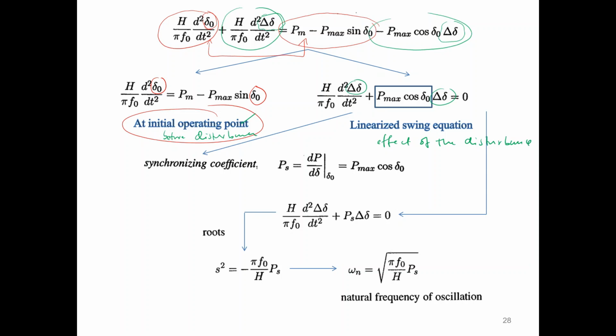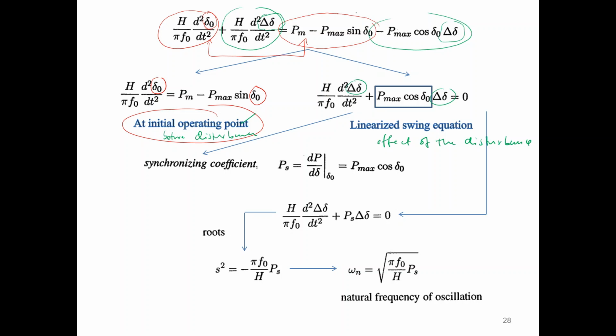So in summary, after the introduction of the disturbance, or the small change in delta, the response is the linear sum of the initial response plus the effect due to the disturbance itself.